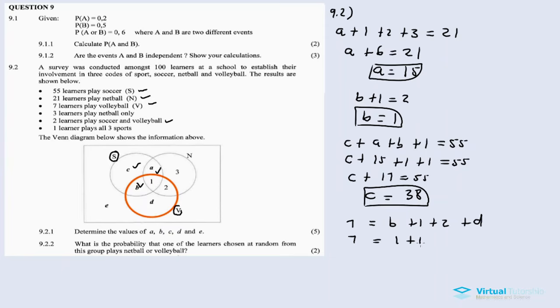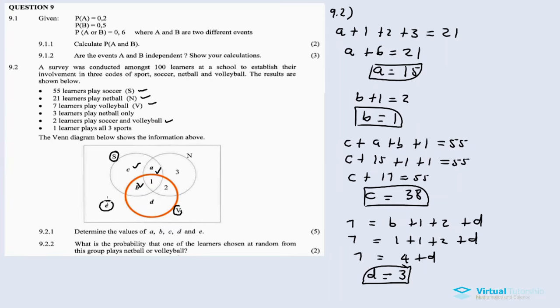It's 1 plus 1 plus 2 plus D unknown. 7 is equal to 1 plus 1 is 2 plus 2 is 4, so D is 3. Okay, now with D done, I have to calculate E.